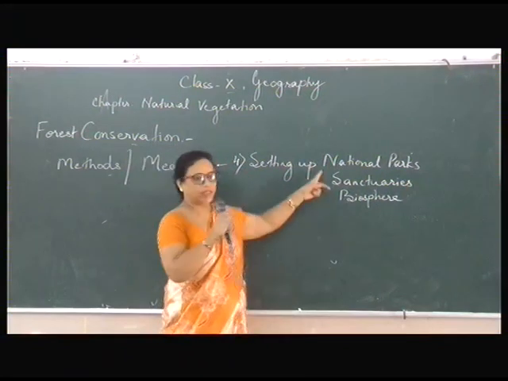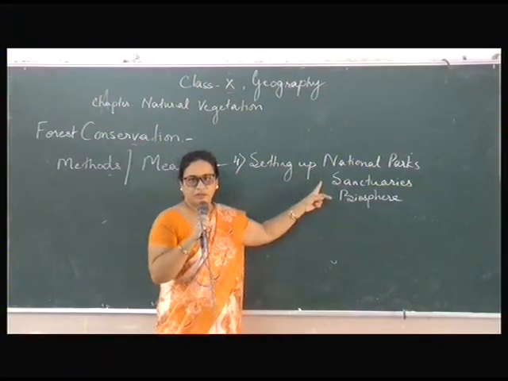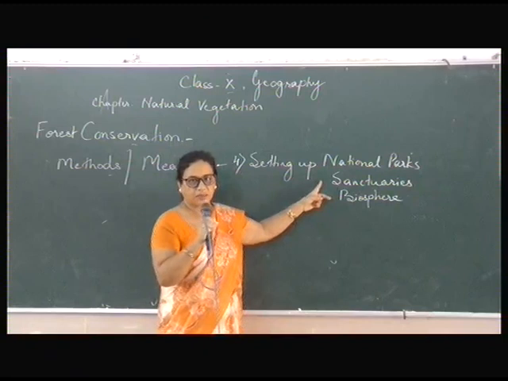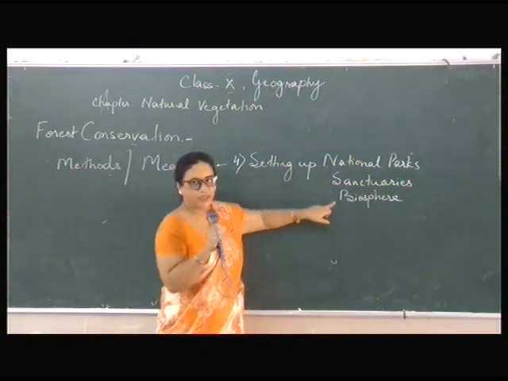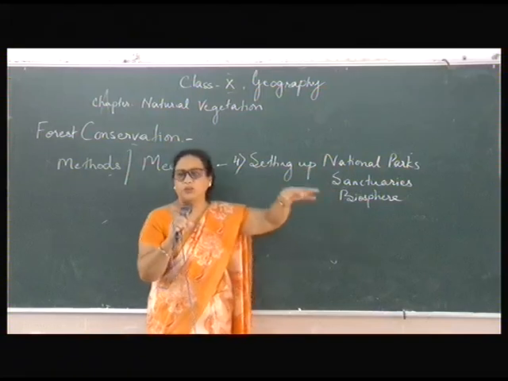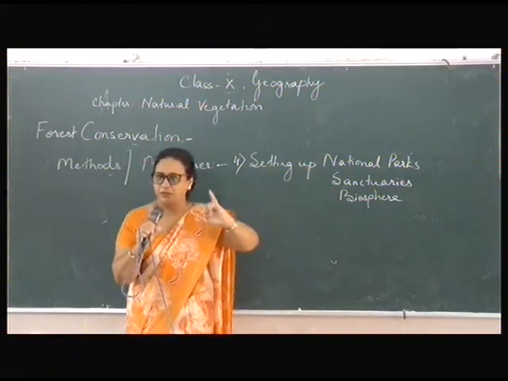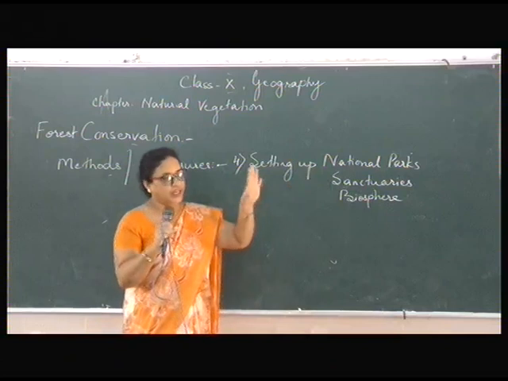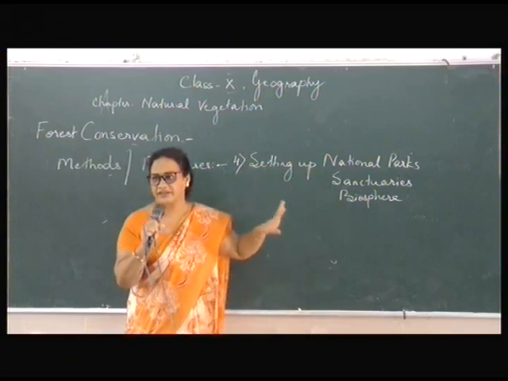Very briefly, I'll tell you about this, because you usually are not asked about it. All these three are ways of protecting wildlife, flora as well as fauna, in the area where they are existing.